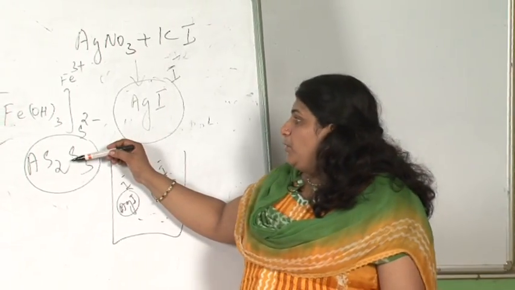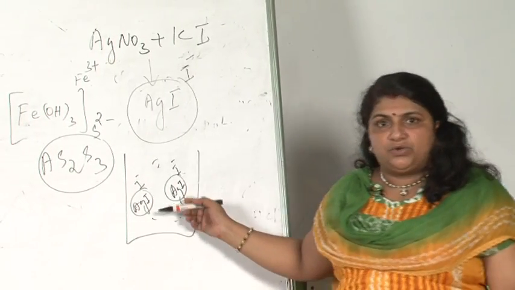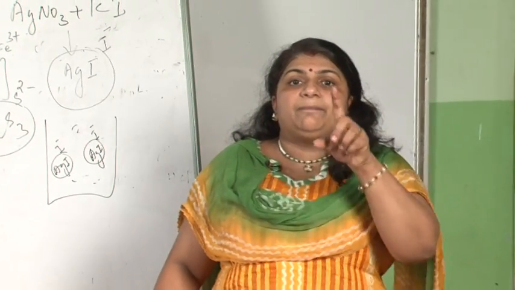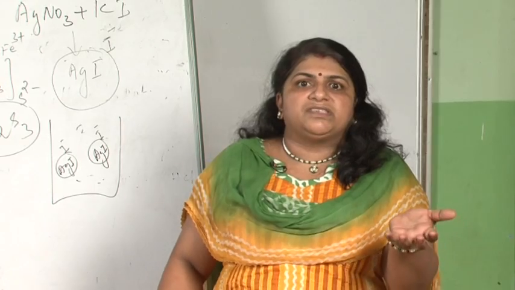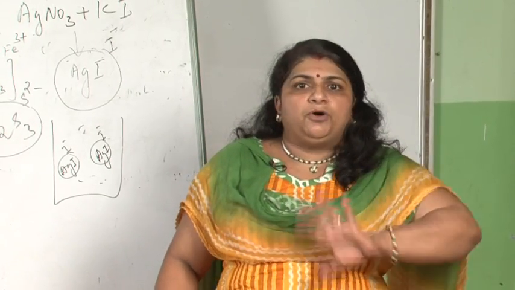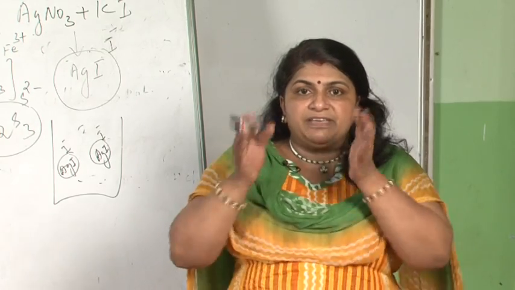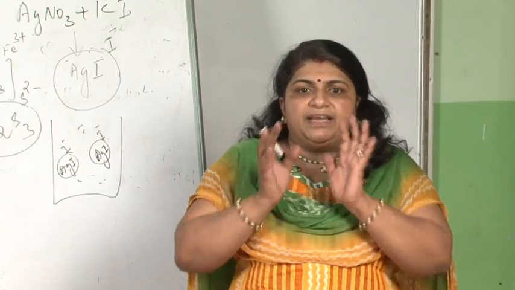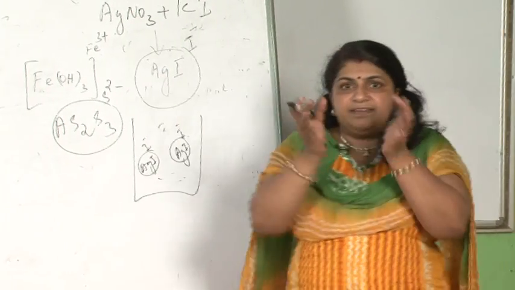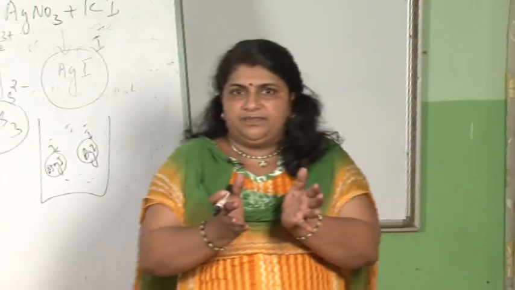So, we have positive sols also, negative sols also. Remember always, a particular colloid will have only one particular charge, either positive or negative. A colloidal solution cannot be positive as well as negative. If arsenous sulfide is negative, the entire colloid will be negative. If ferric hydroxide is positive, the entire sol which you have taken will be positive.